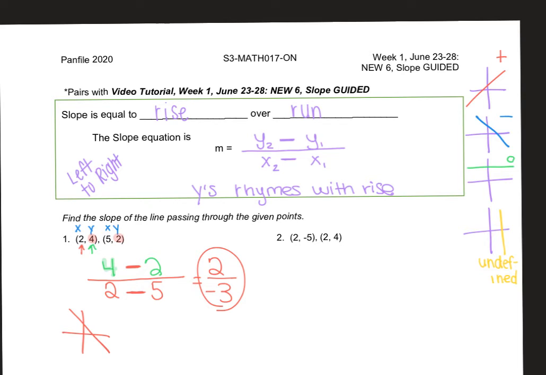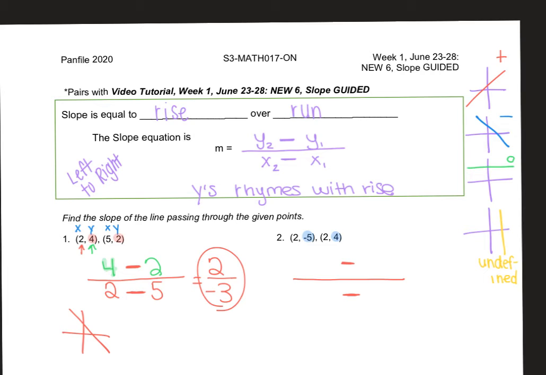All right, so next one, we're going to start with our fraction bar, and we're going to put the subtraction and the subtraction. We're going to look at the second piece because those are my y's, and I want those on top. You don't have to, but I want to make my life easier, and I know that if I have the double negative, it becomes the positive.